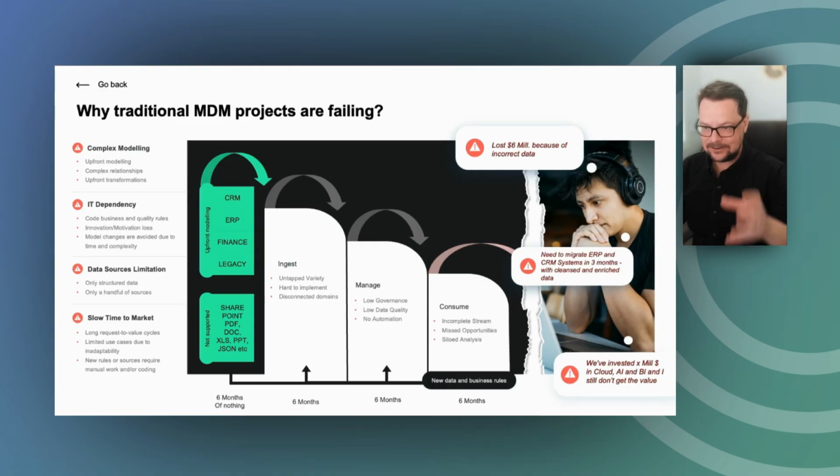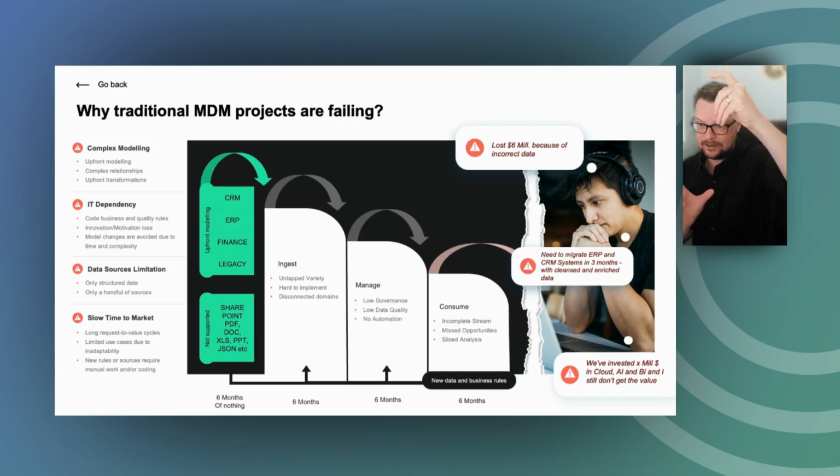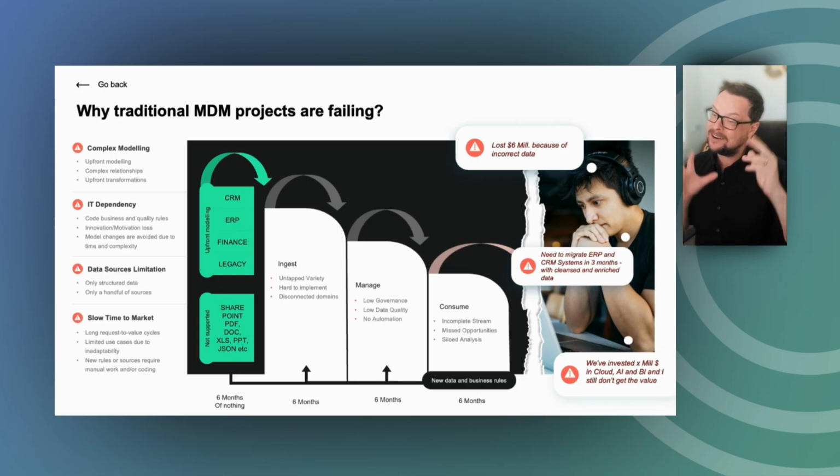I can stand here and say that's an impossible task unless you have a very flexible modeling engine to be able to do it. The second part of this is that we were often stuck in this modeling phase because it's complex, because there are a lot of different people and stakeholders that we need to involve. And the reason why is that once we've got that model in place, traditional MDM technologies often make it very hard to actually change.